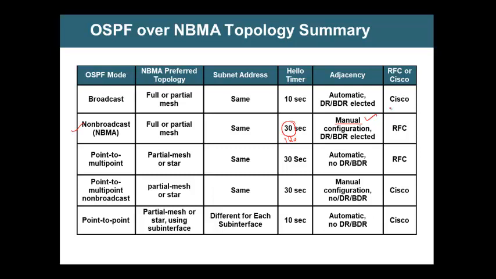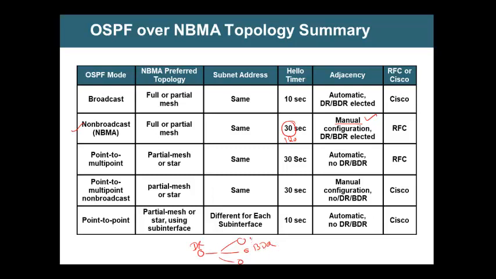But when it is hub and spoke, let's say this is the hub router. These are spokes. Here, assume that the hub becomes DR and this becomes BDR.